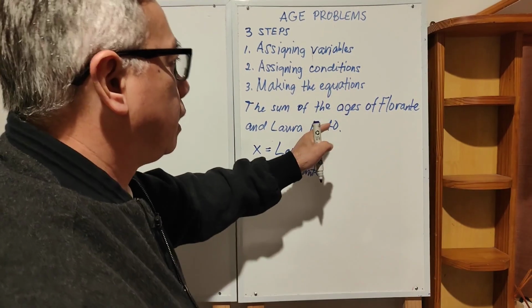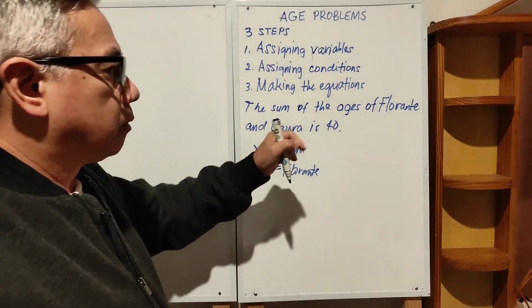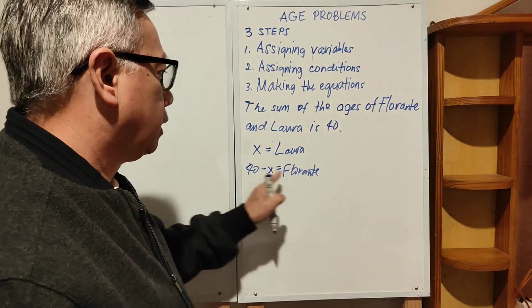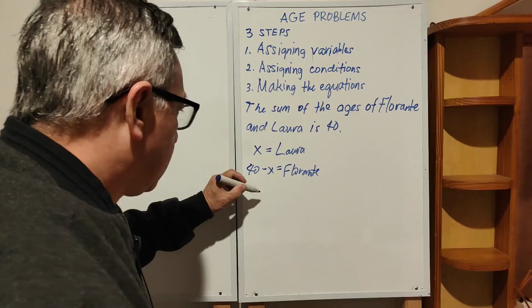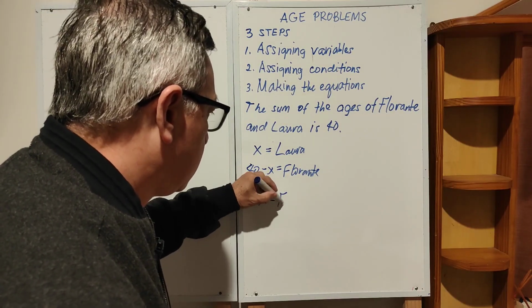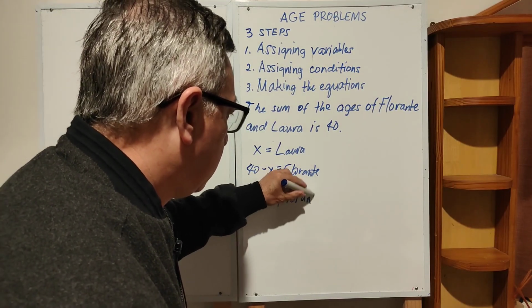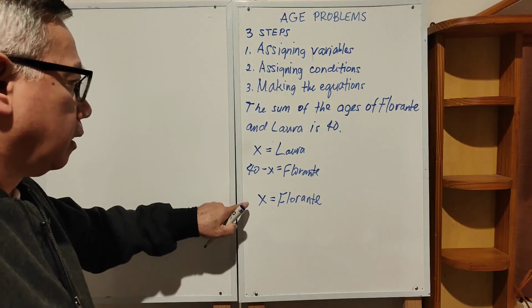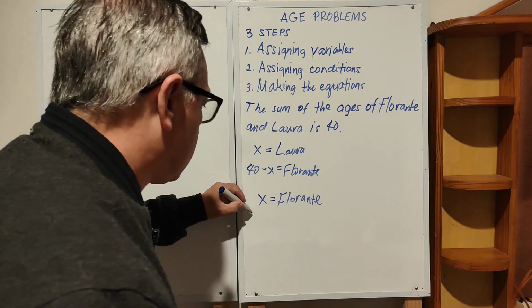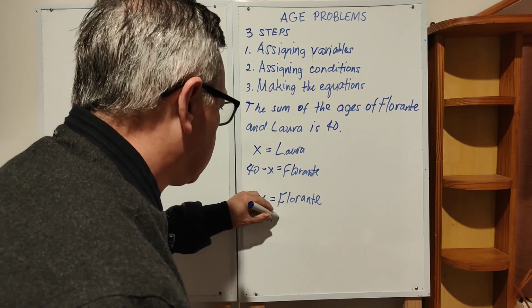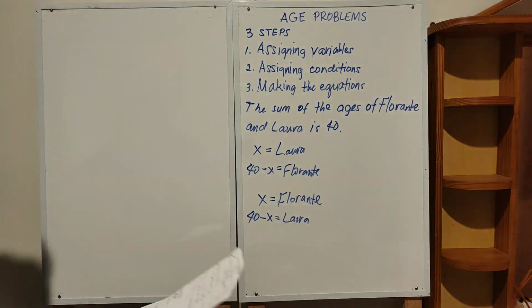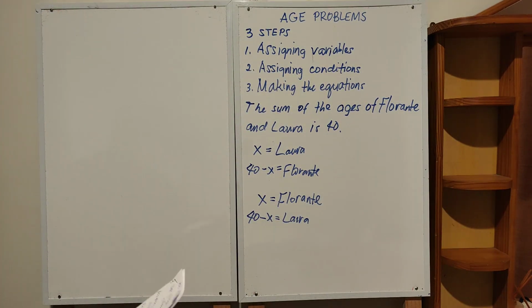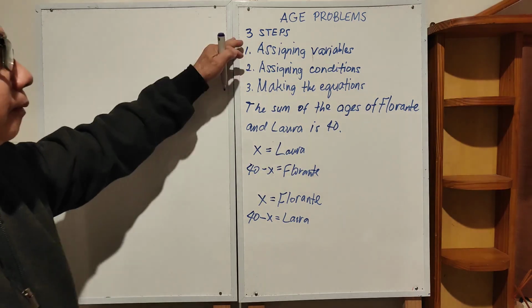So whatever is the age of one, you have to subtract it from 40, then you get the other one. You can also assign Florante as x. So if x is Florante, then 40 minus x would be Laura. So that's step 1.